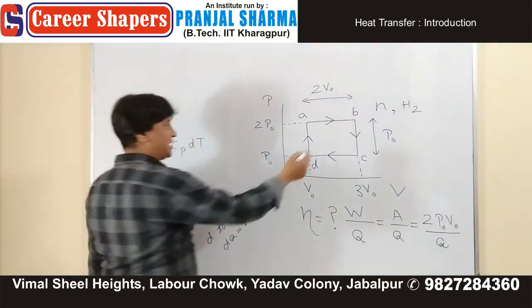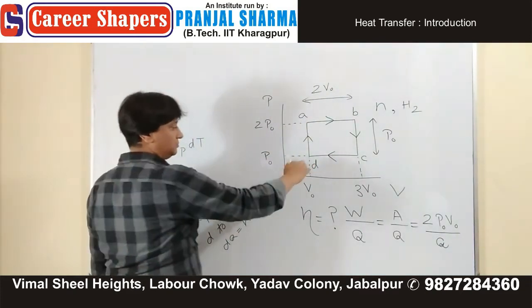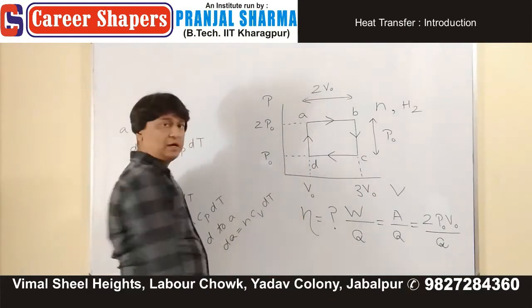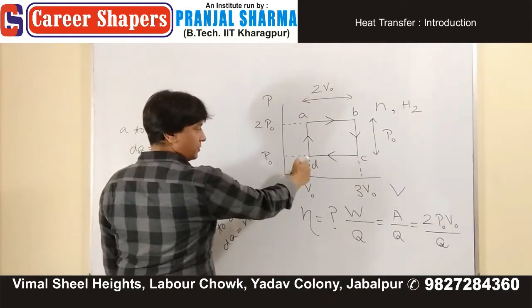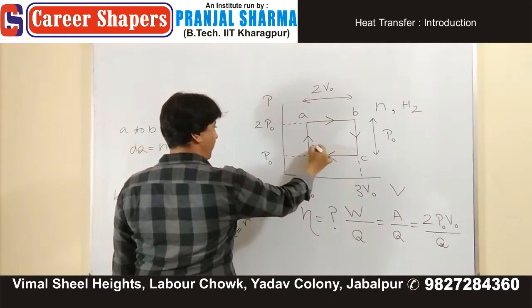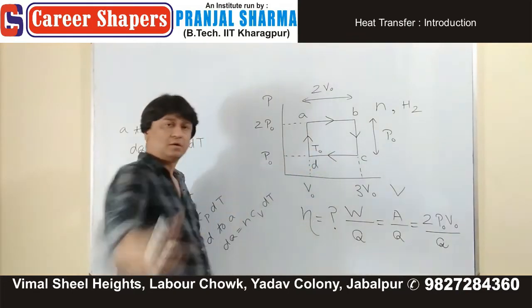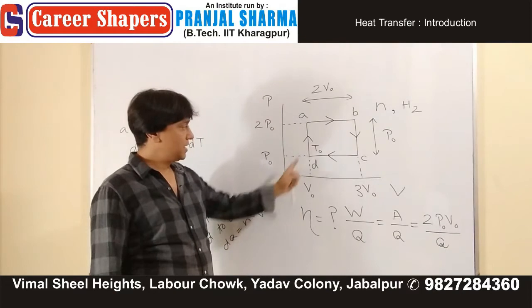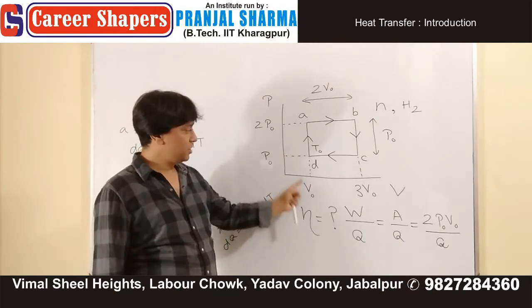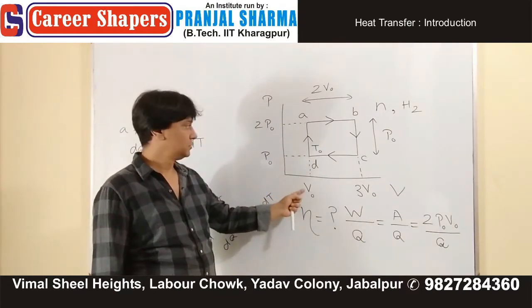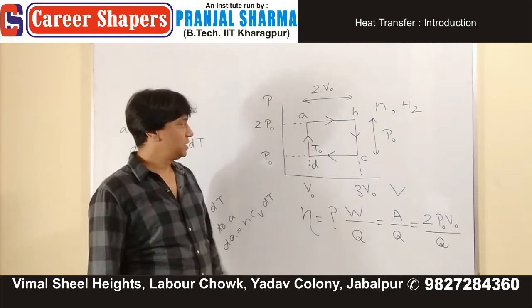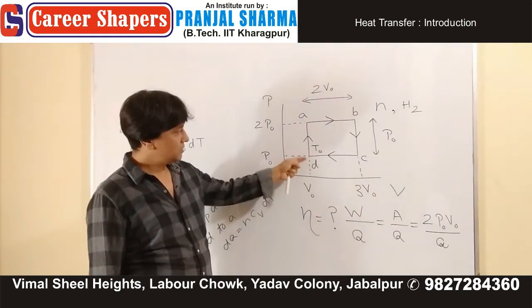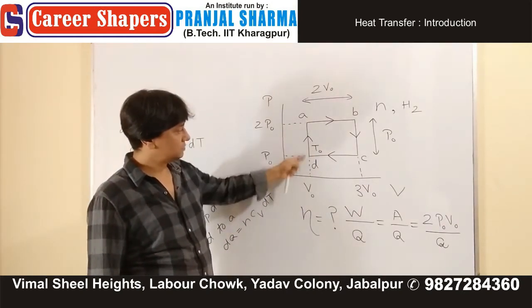Let's say temperature at D is T or T naught. Now at D, pressure is P naught, volume is V naught, temperature is T naught. D to A is an isochoric thing.